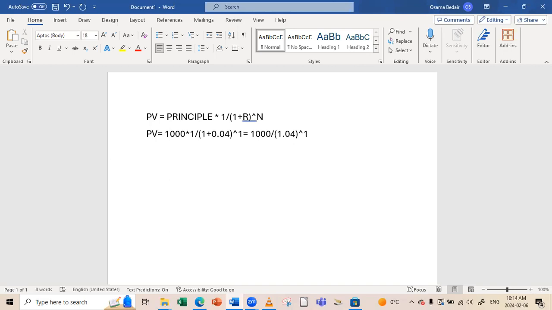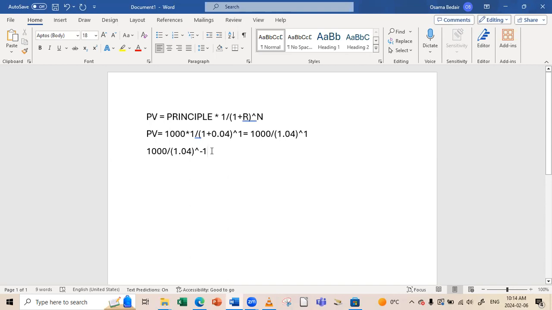Likewise, it's the same thing, which will equal, but here it will be power minus 1. So for the first year, it's power minus 1.